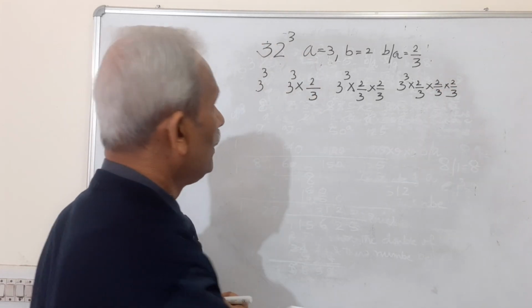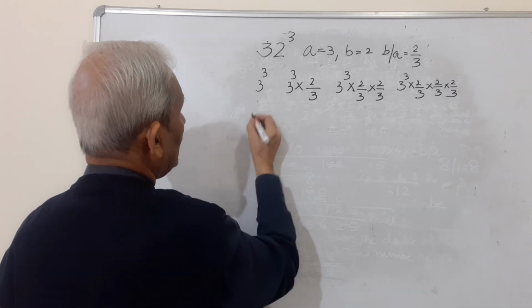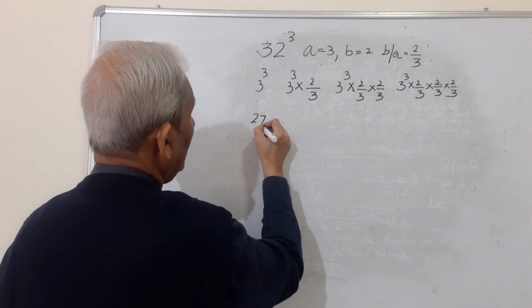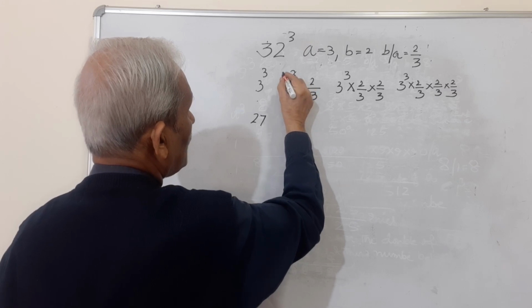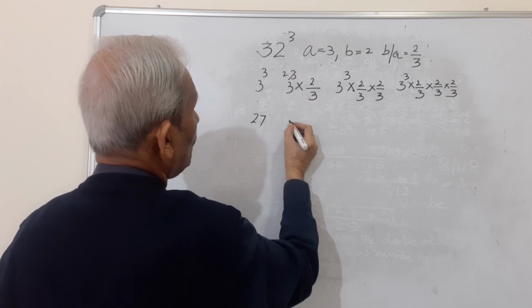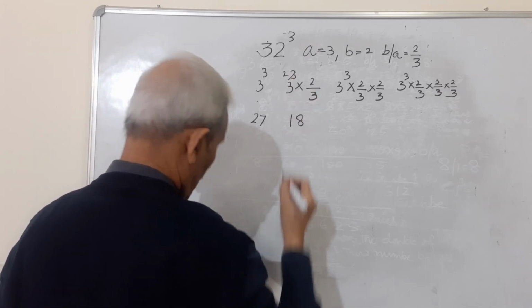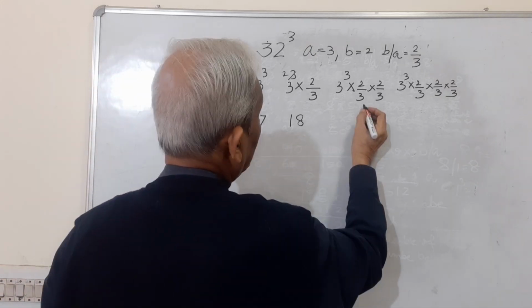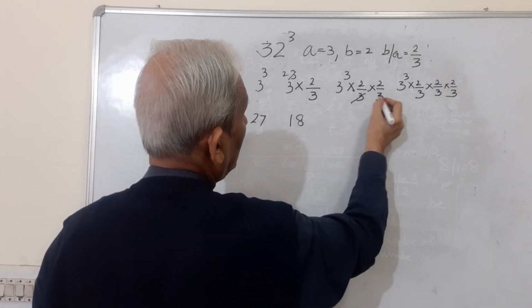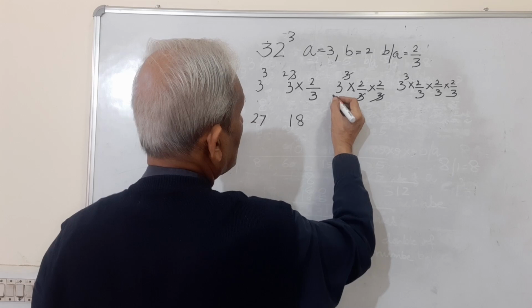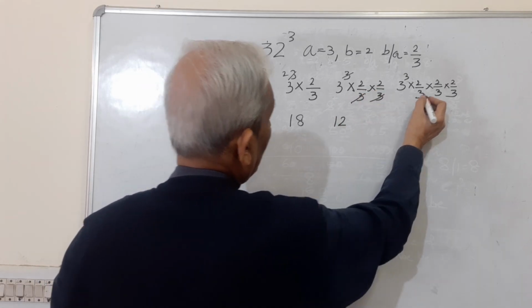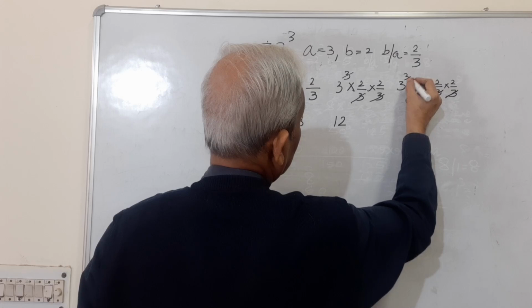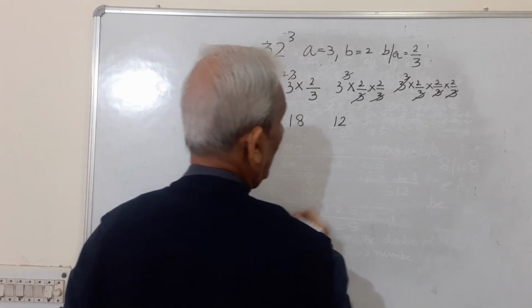Now the result: 3 cube is 27, and here one 3 goes away, it remains 2. 3 square is 9 into 2, 18. And then 2 times 3 gone, only 3 remains, 3 into 2, 6 into 2, 12. And here all the 3s are cancelled, 2 into 2 into 2, 8.